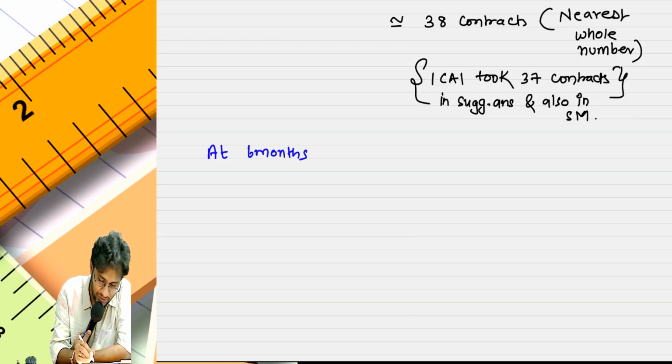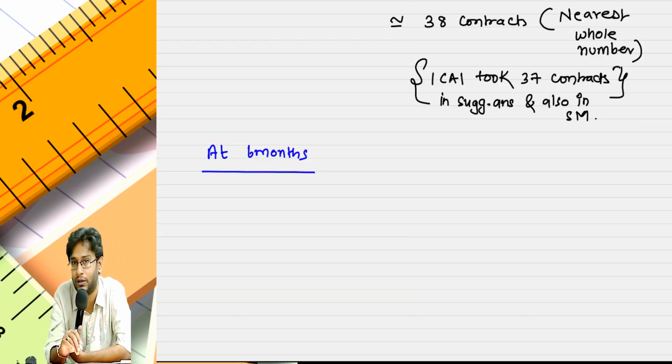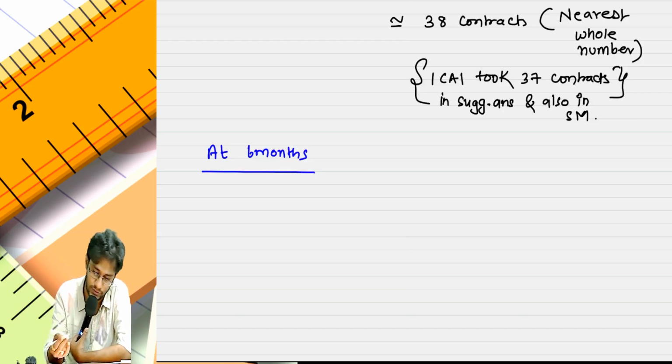But what is wrong at 6 months? At 6 months you have to do two things. Receive converted spot rate and settle futures also. Two things you have to do.